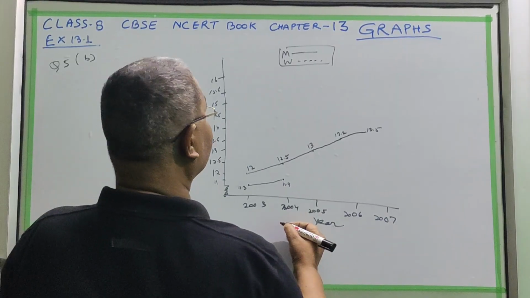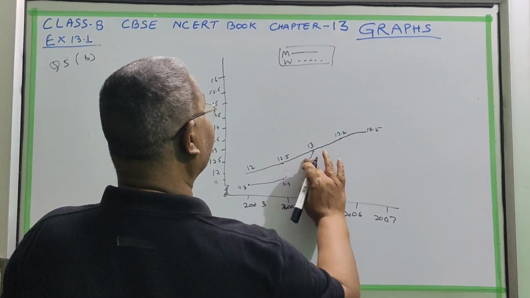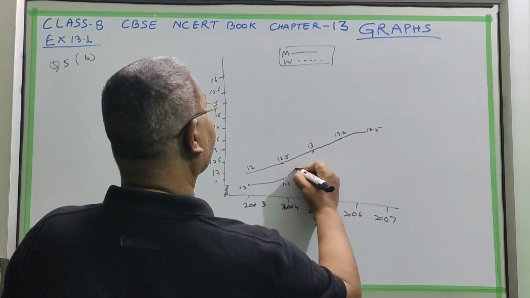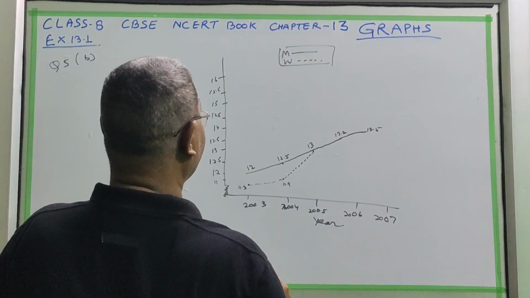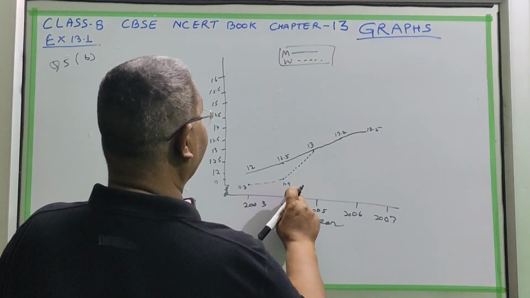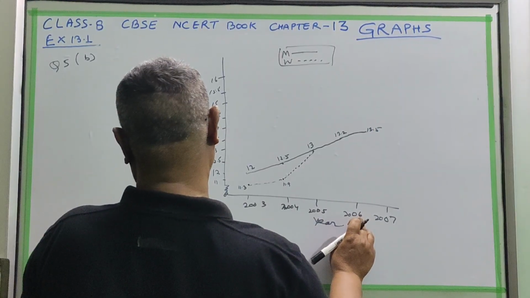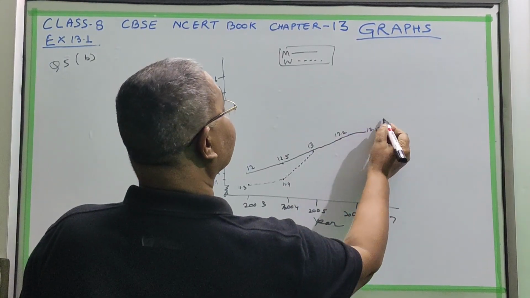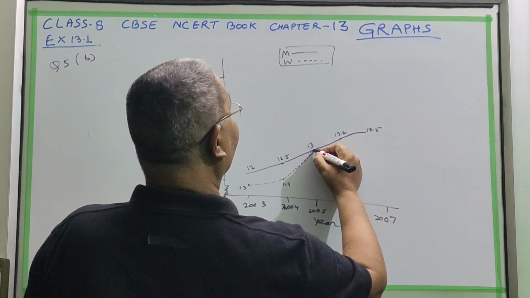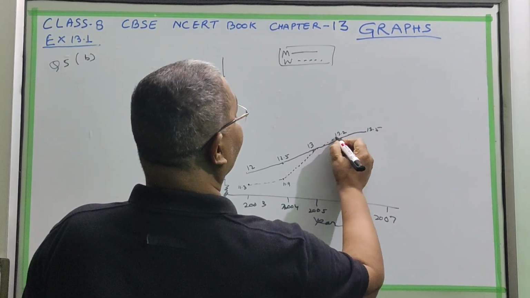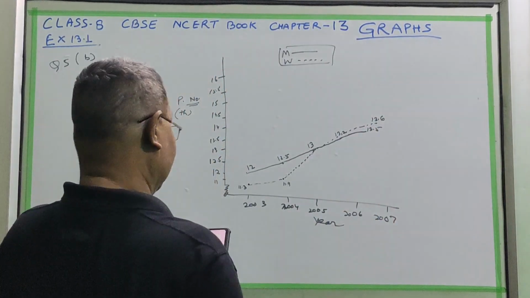Then 13 you have to take. So 2005, 13 it will come here. But you make a dotted line, because we are taking dotted lines. Okay. So 11.9, then 13. Then 13.6 means you have to go higher than here. It will go in this way and come to 13.6 here.